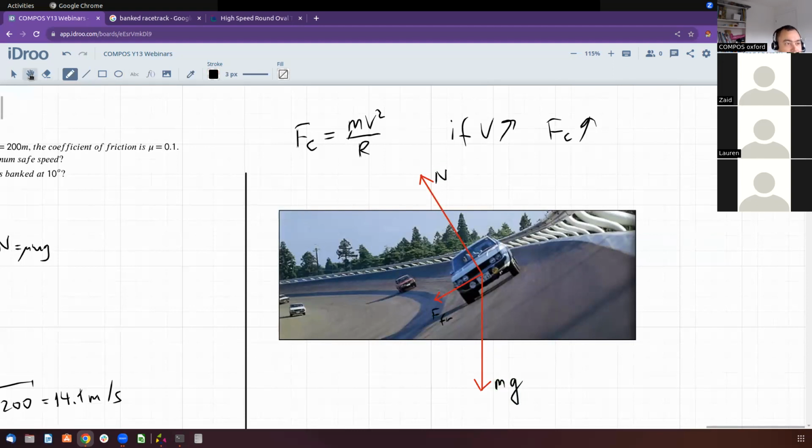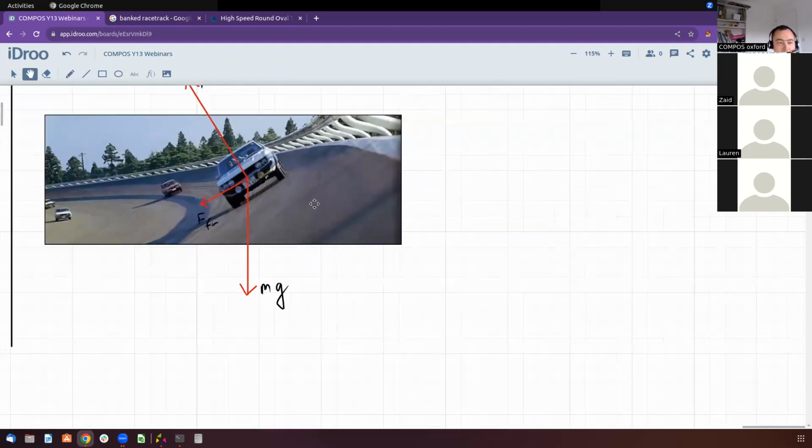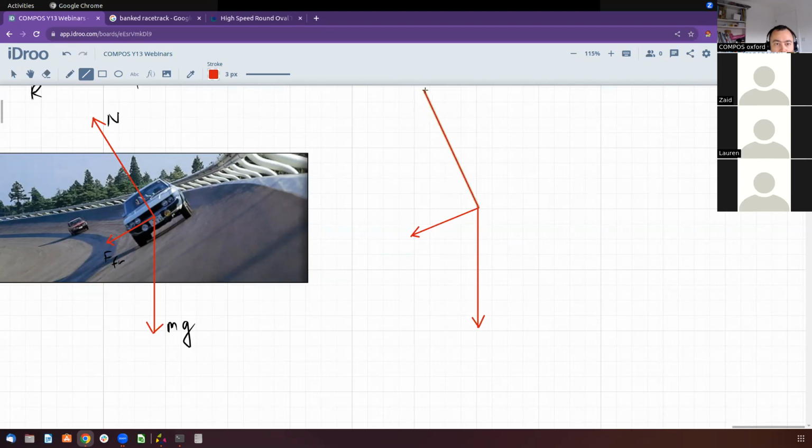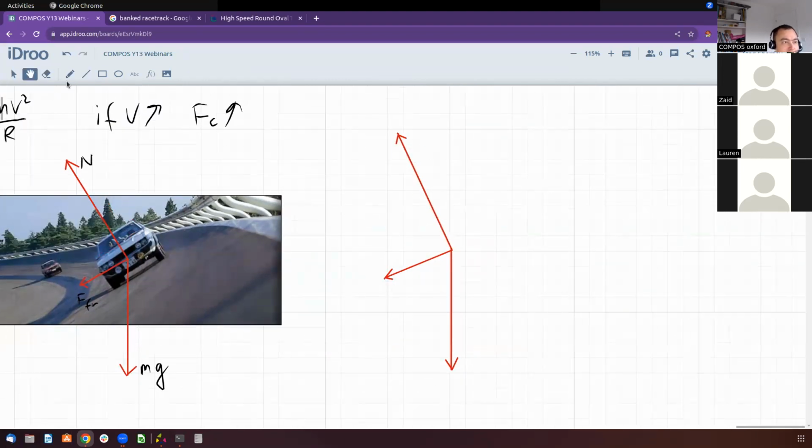Mg of the car. So looking at these three forces, we need to draw them. So we have the friction force, the mg force, and the normal reaction force. So we need to split the friction force.